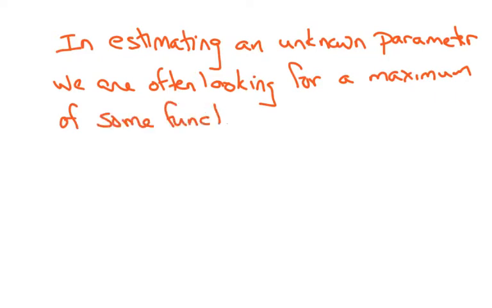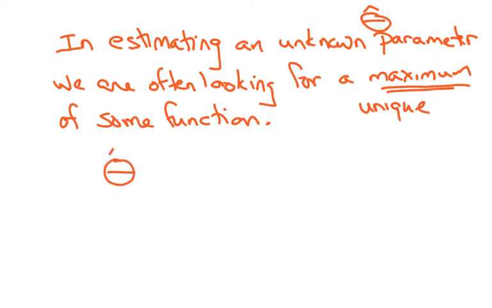And we're using this maximum to estimate an unknown parameter, call it theta hat. And you want this maximum to be unique, because if you're trying to estimate an unknown parameter, you don't want to have two different numbers. You just want one maximum to represent this.